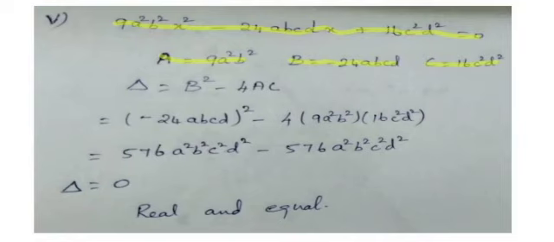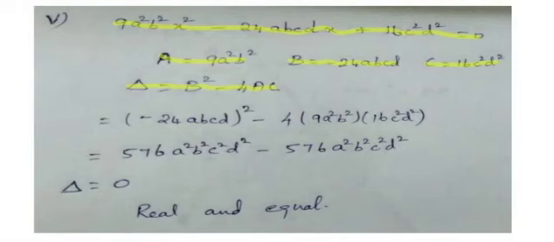Normally the discriminant is small b square minus 4 small a small c, but since the question uses small a, b, c, we are taking the discriminant value as capital B square minus 4 into capital A into capital C. To identify them, we are changing these into capital letters.